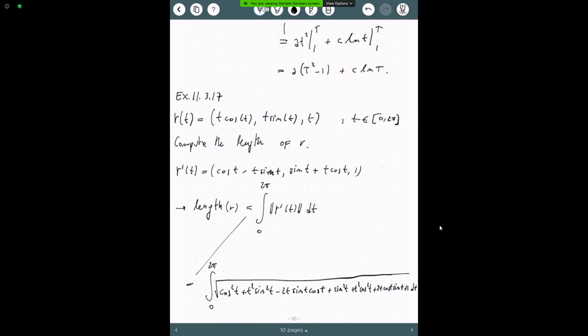So now you can see that there are some cancellations here. This one together with this one gives 1. And then this one together with this one gives t squared. And now this one cancels with this one. So it simplifies quite a lot. Not enough though, but quite a lot.